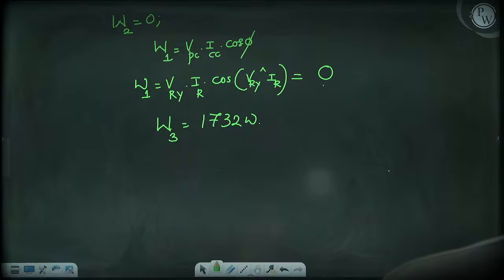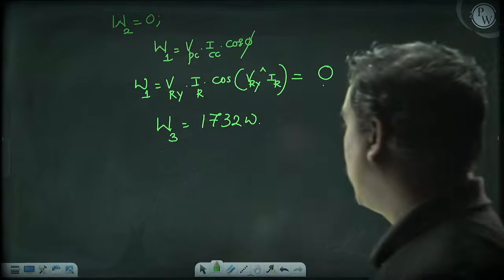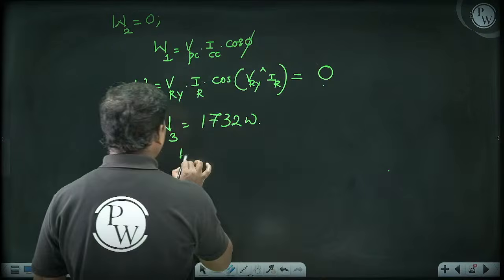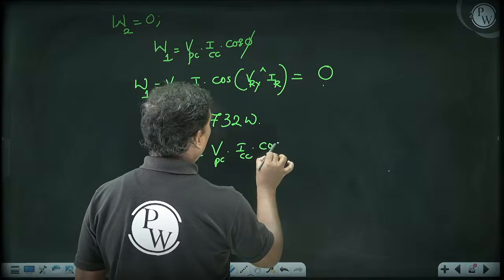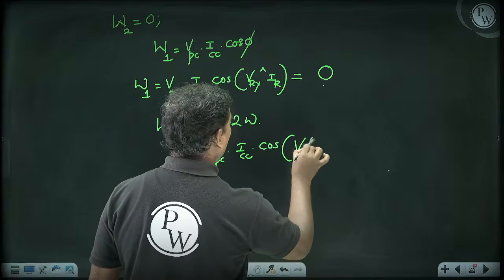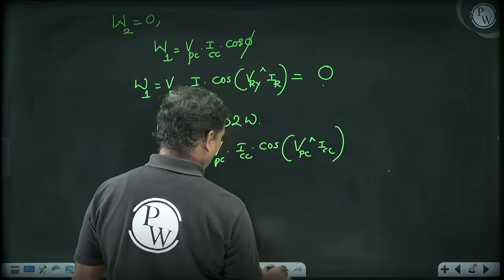So now cosine of VR by IR, that is fine. But W3 is what? W3 will be VB by IB, na? W3 is what? Again the same thing. W3 is equal to VPC ICC cosine angle VPC and ICC if you check, or cos phi if you check.